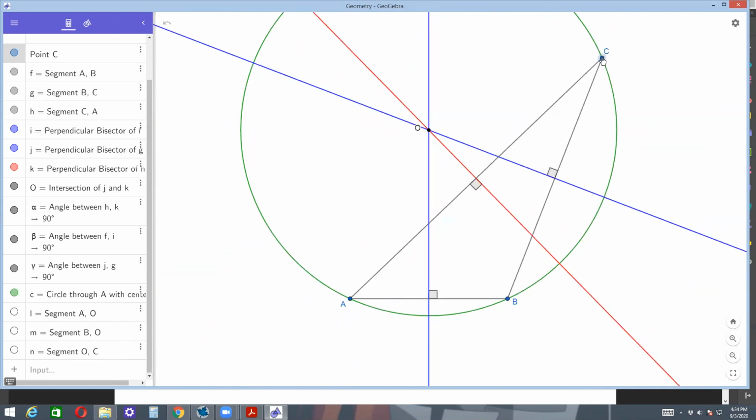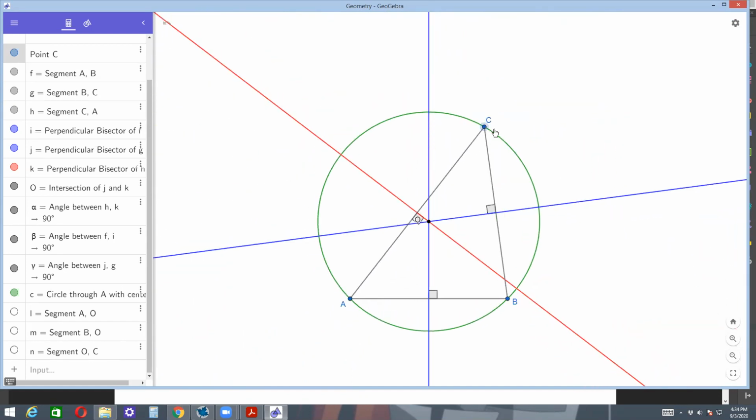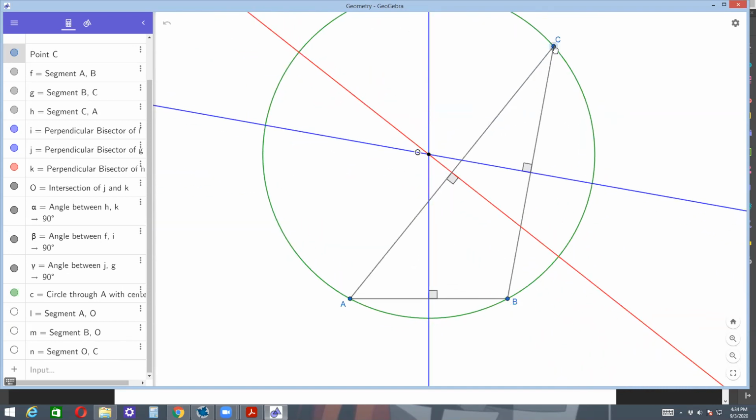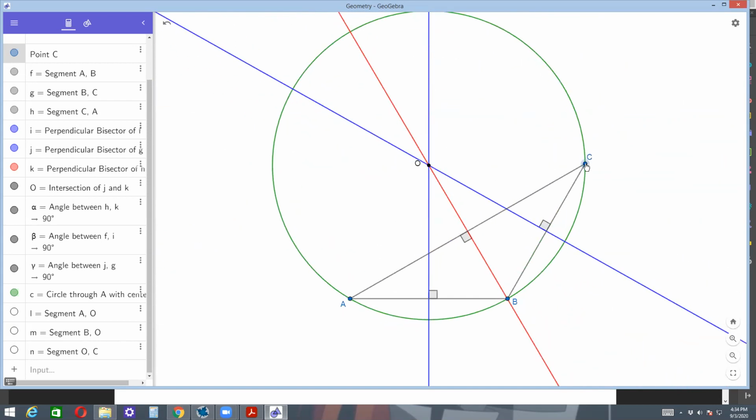It's not that I've defined lines to intersect there, it's just that they always do. Also notice, if I have C somewhere up here, it's fine, the circumcenter is inside the triangle. But if I pull C this way, the circumcenter lies outside, in which case this thing has an obtuse angle.